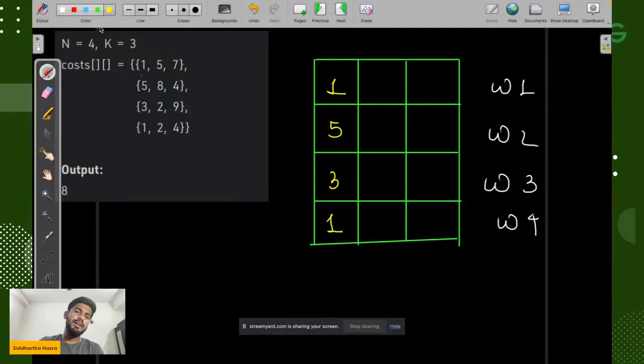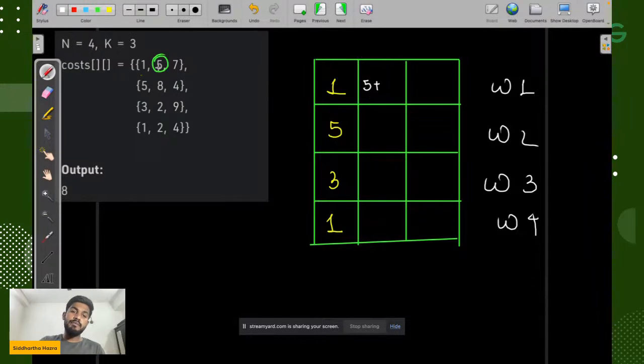Okay, simple enough. Now, to paint the first wall with this color, first I would have to pay for this color anyway. So first I need 5. And then previous, what would be the previous?